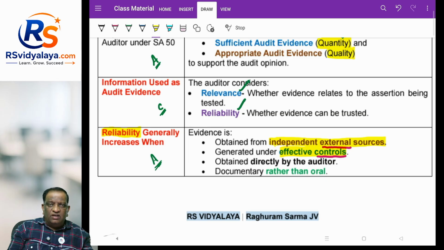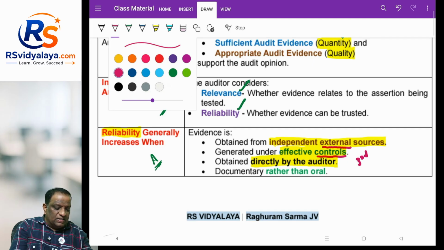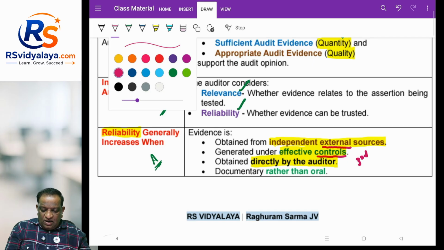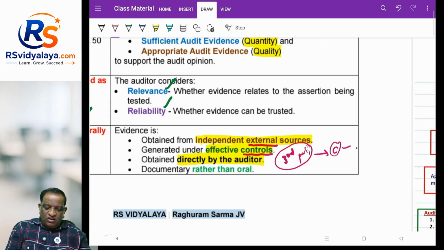Since you are already familiar, I go a little fast here. And anything obtained directly by the auditor, meaning the auditor is directly gathering this evidence from the third parties rather than the client collecting it and then forwarding it to the auditor. Because what is not permitted here is, let's say, this third party is confirming to the client and the client is further confirming to the auditor.